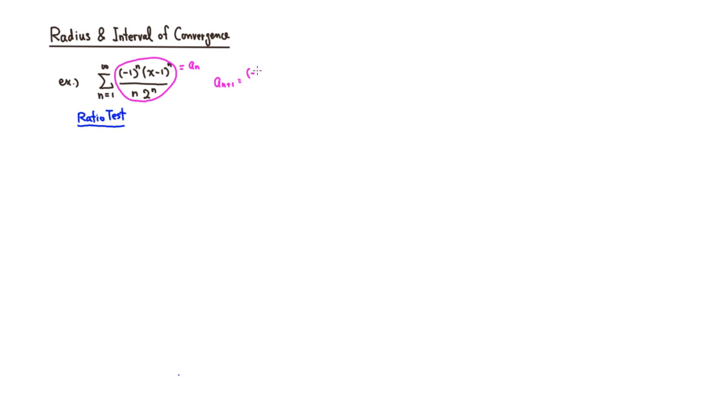So you have negative 1 to the n plus 1, and quantity x minus 1 raised to the n plus 1, over n plus 1 and 2 to the n. Let's look at the ratio here: the limit as n approaches infinity of the absolute value of a_(n+1) over a_n.